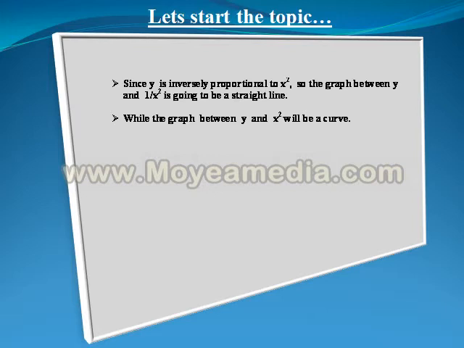In fact, it's going to be a curve. So graphically we can see whether this relationship is inversely proportional or not. So that is the other forms of inversely proportional relationship, and that is not linear.